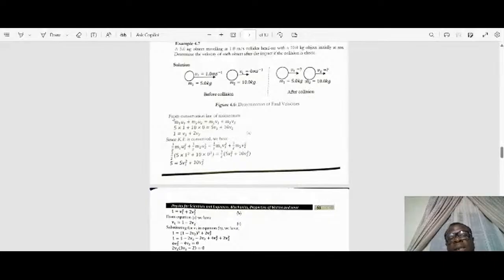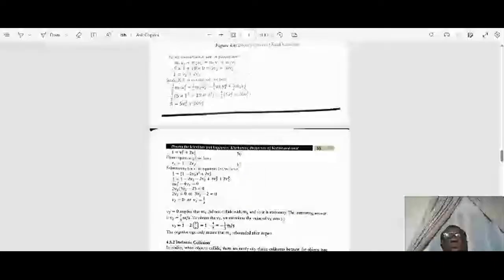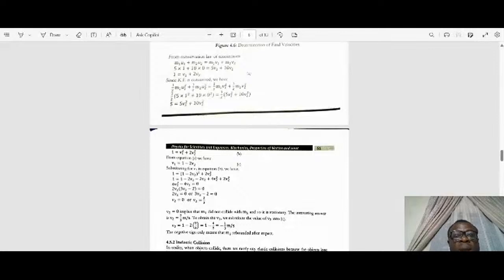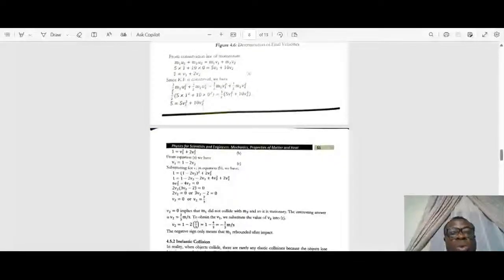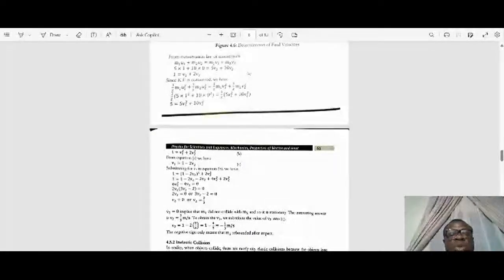So like I said, for an elastic collision, both momentum and kinetic energy are conserved. So we'll first of all look at the momentum aspect, where you have m1 u1 plus m2 u2 equal to m1 v1 plus m2 v2. So we'll now substitute those values.